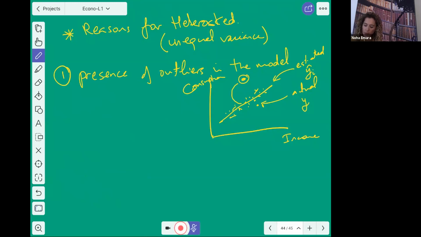So suppose this is u_i, the error of person number 10, and this is the error of person number 1, this is the error of person number 2, and so on. Each and every dot that you see here is related to the distance between the dot and the actual regression, and would give you the amount of error. If you include this large amount of error of person number 10, then it would give you wrong information telling you that you have a large variation in your data set.